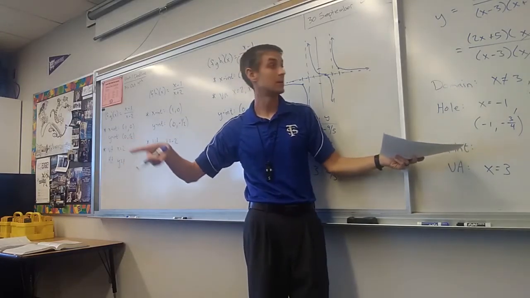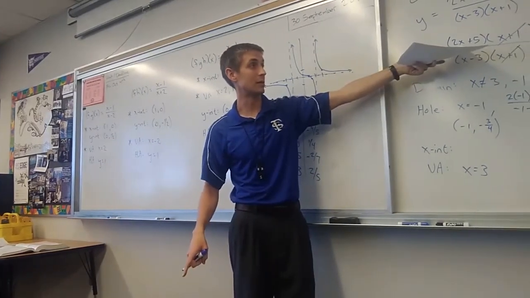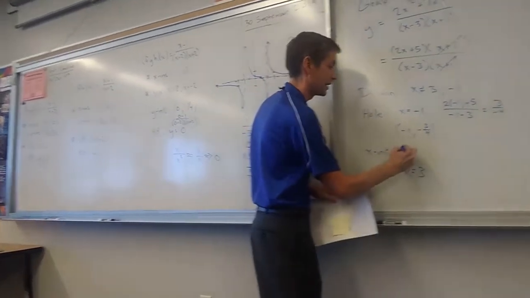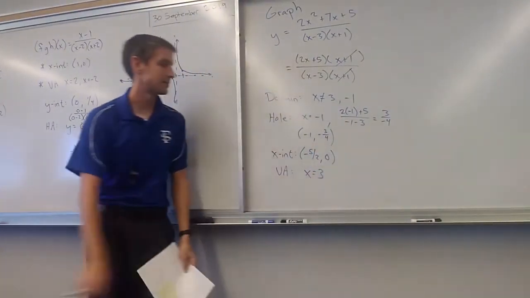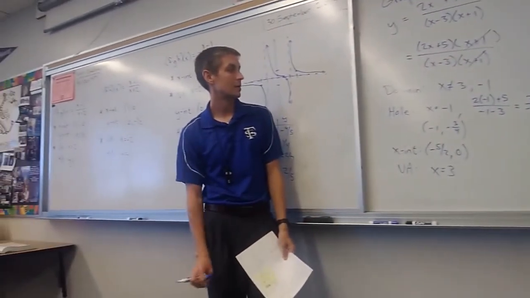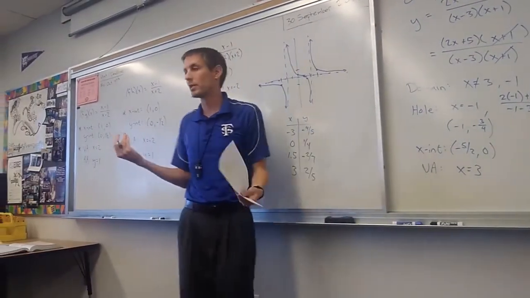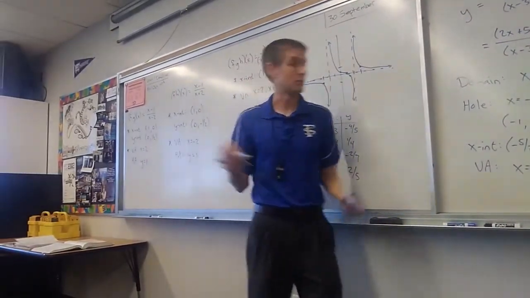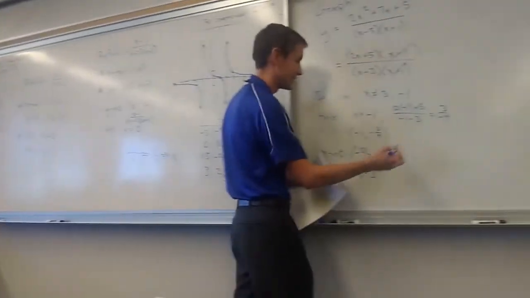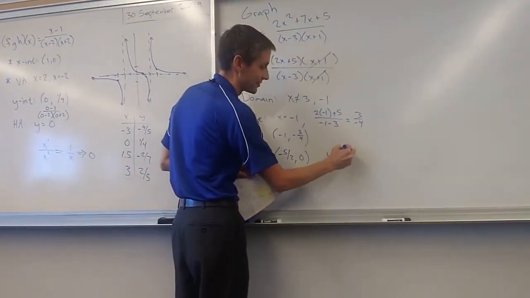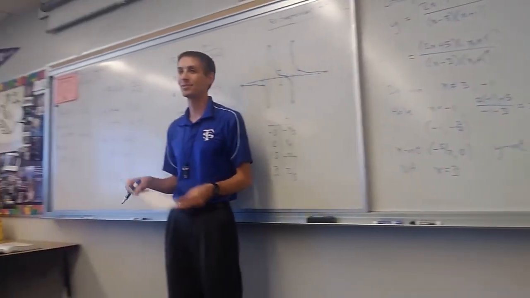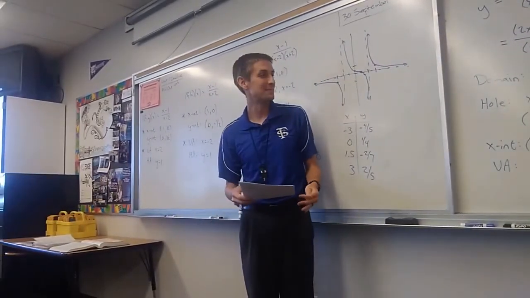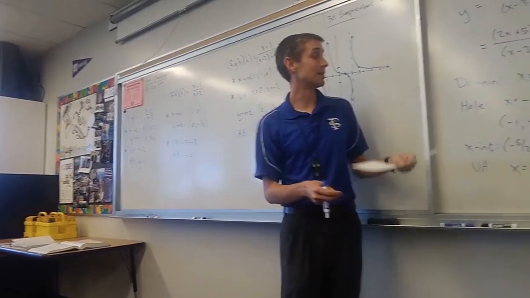Okay, what else would be helpful on this graph? Desmos would definitely be helpful, but unfortunately you don't have that. So what about the y-intercept? Plug zeros into the x's. Which one do we want to plug it into? I'd rather plug it in here.